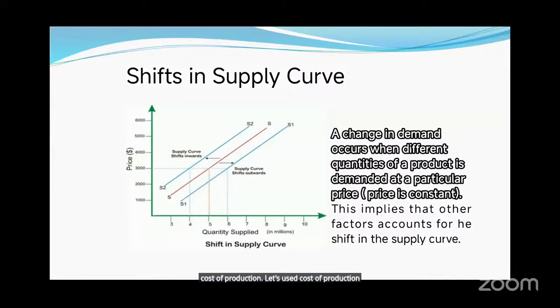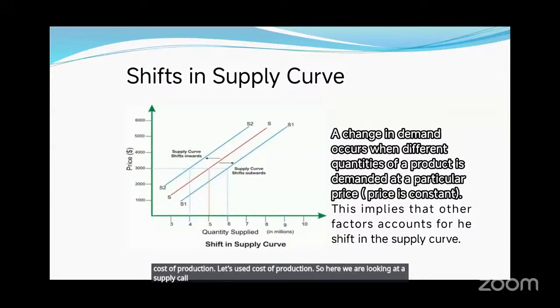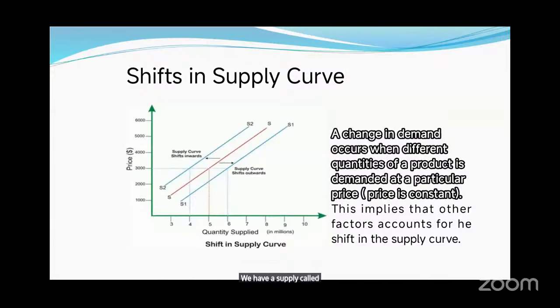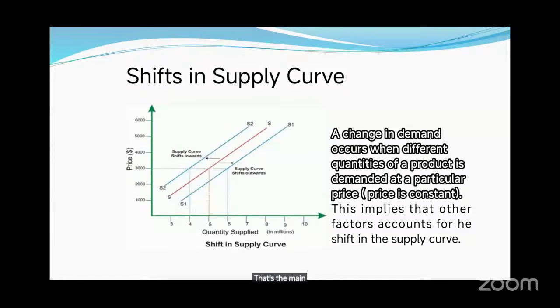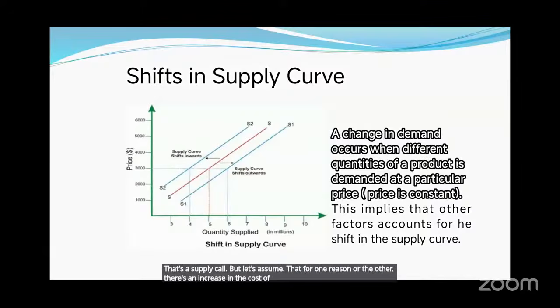So here we are looking at a supply curve. There are three supply curves there: supply curve S, S1, and S2. Of course we start with the supply curve S. That's the main supply curve, sloping upwards. But let's assume that for one reason or the other, there's an increase in the cost of production.